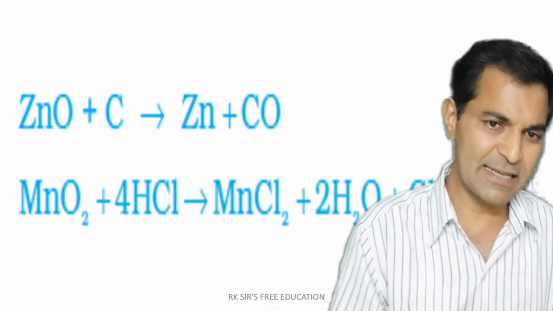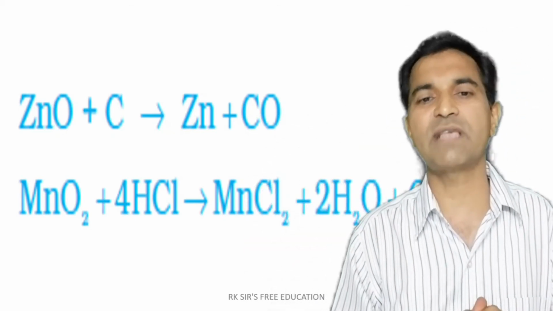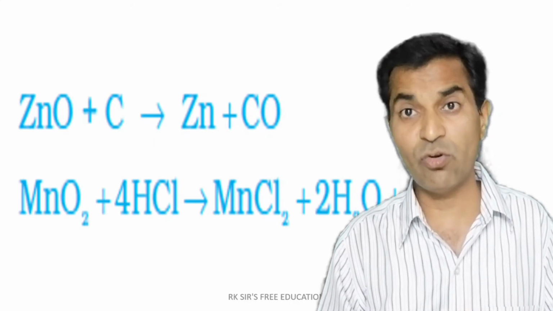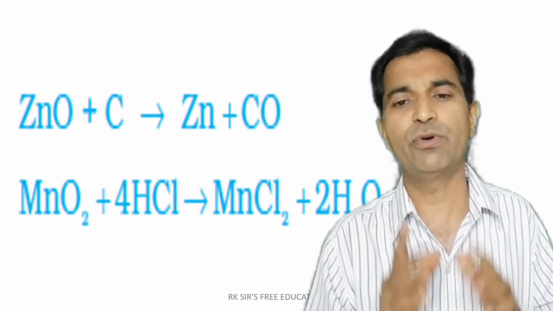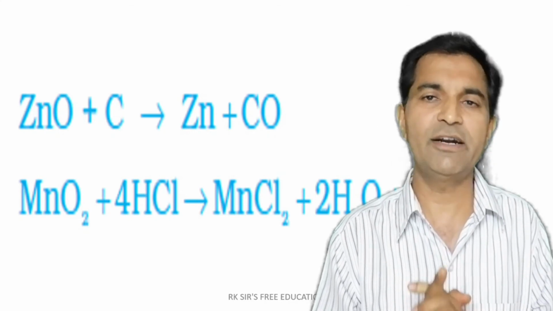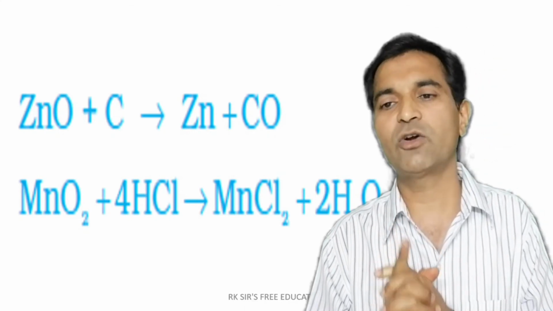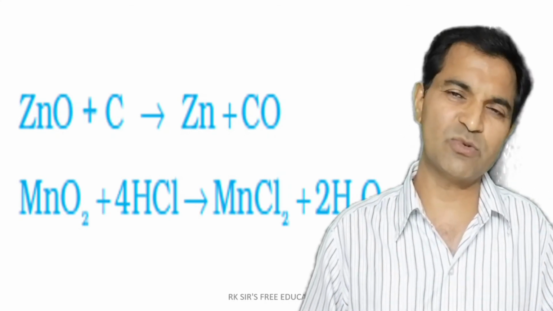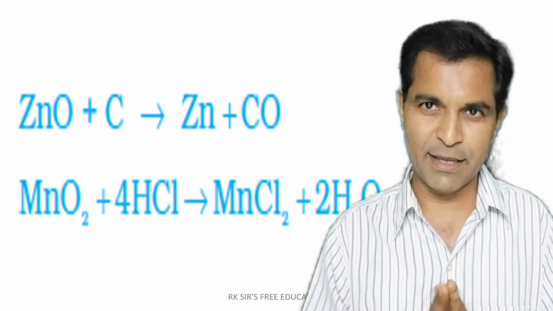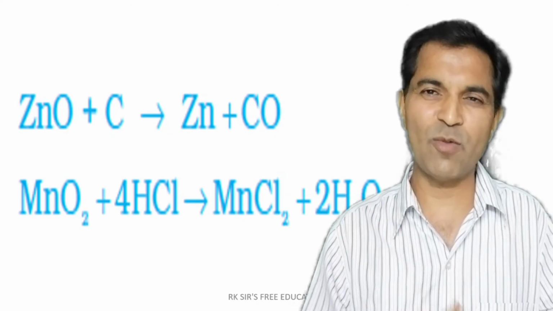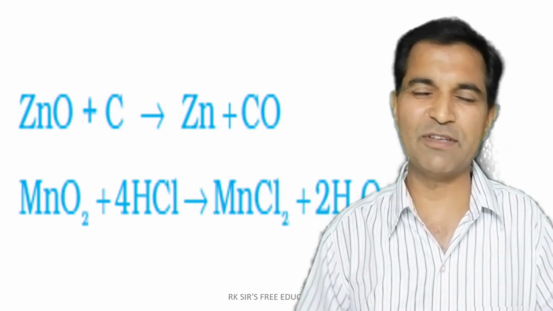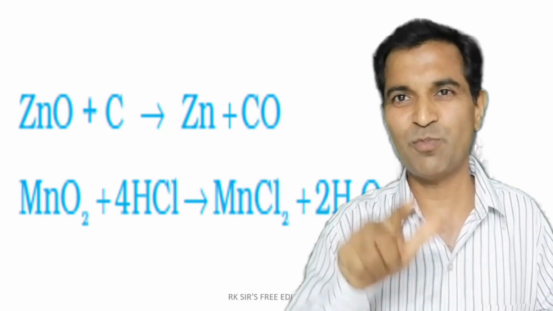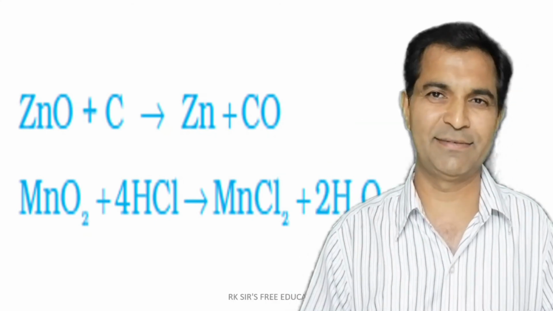And in the next example, manganese oxide, when combined with 4 molecules of hydrochloric acid, produces manganese chloride and 2 molecules of water and chlorine gas. Now try to just recollect what was the color of chlorine, my students. Students, can you remember what was the color of chlorine gas we had discussed in the previous video? Just pause the video and try to recollect.